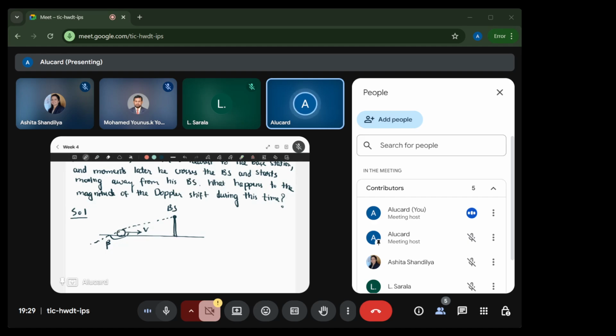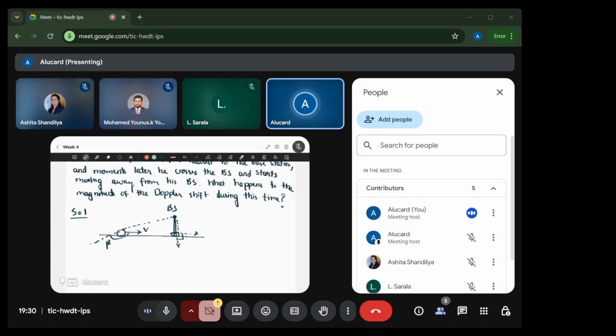He moves towards the base station, and at some point he is right below the base station, in which case he is moving horizontally and the base station is radiating perpendicular to the direction of its motion.